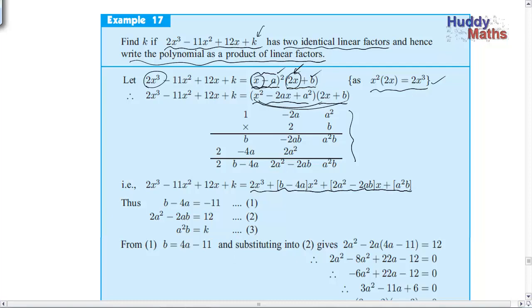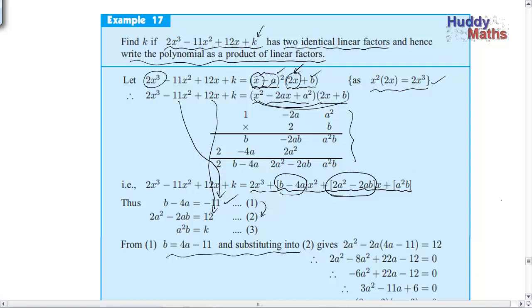So there's 2 in front, b take 4a is the x squared term, so that's the 11 from there. The x term is 2a squared, take 2ab, which is there. And so we get our three equations. So now we've got to solve these. So that's a bit of a problem, but what we can do is take an expression for b from number 1 and sub it into 2.